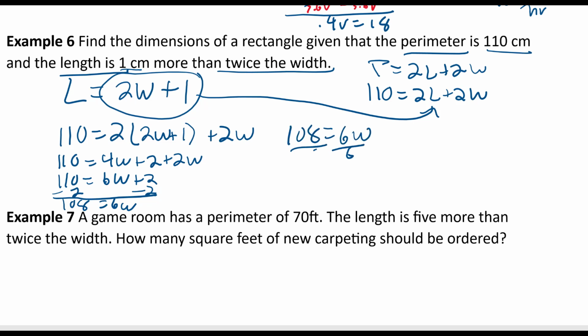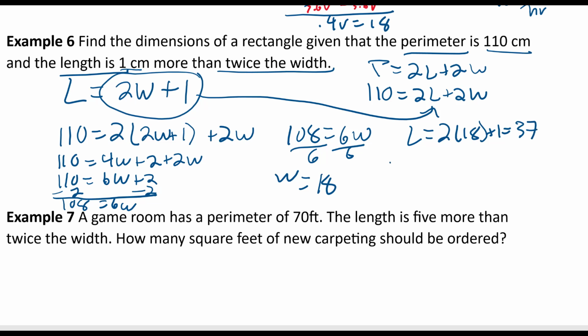Divided by 6, what do we get? I'm thinking 18, but let's see. 108 divided by 6. Yep, 18. And that means our length is going to be 2 times 18 plus 1. So that's 36 plus 1, so 37.